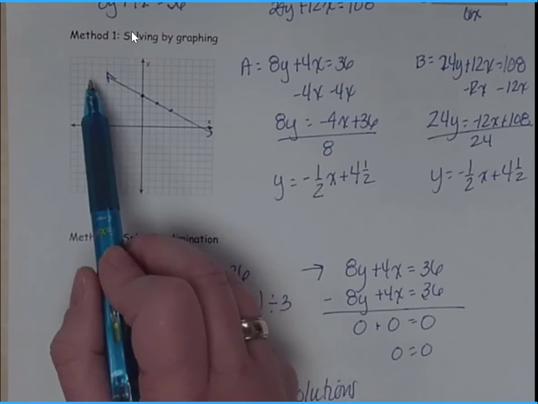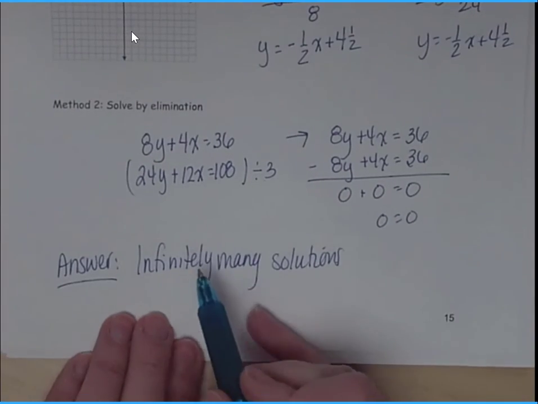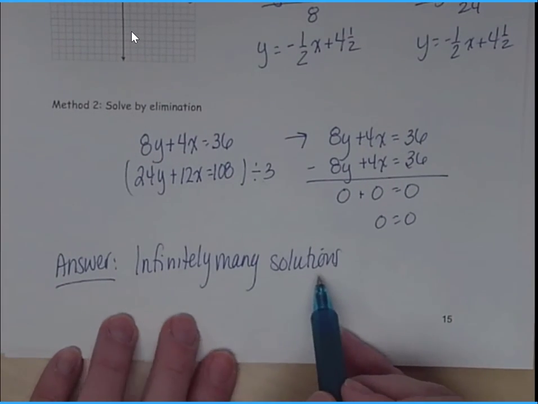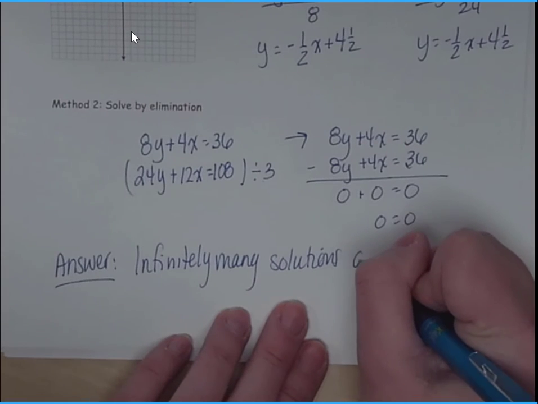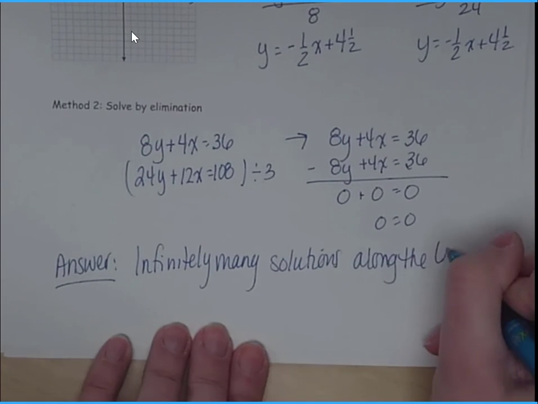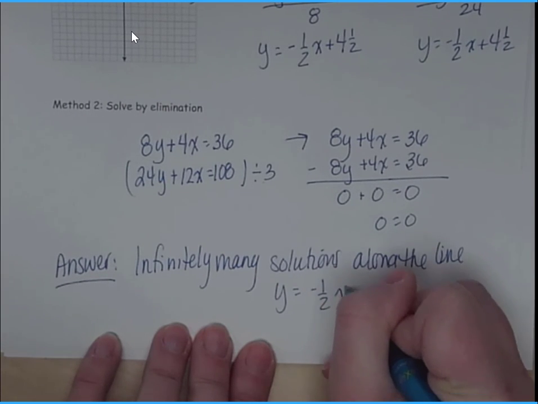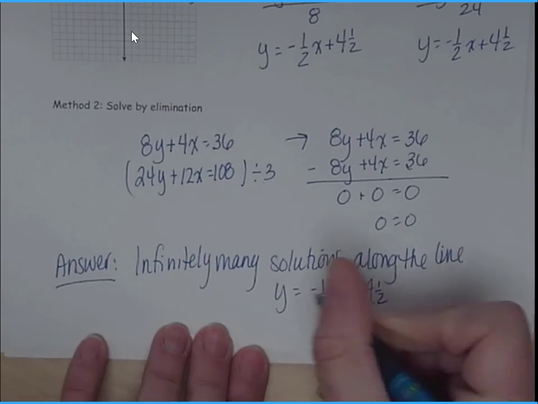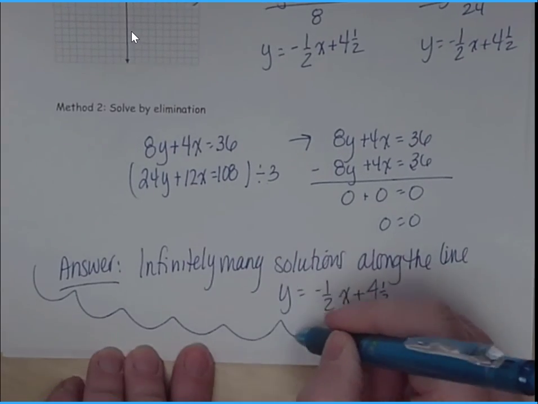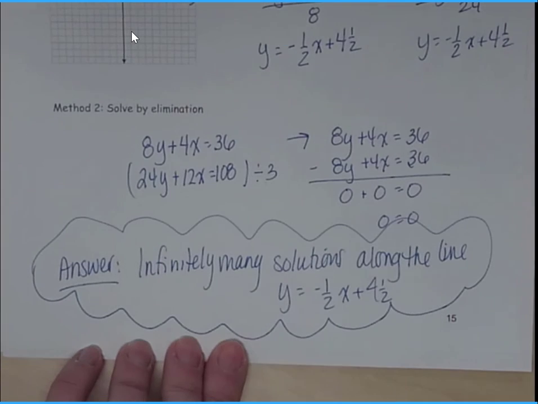Anything outside of that line will not give me a true statement. So I want to be a little bit more specific here. So infinitely many solutions along the line y equals negative 1/2 x plus 4.5. As long as it's on that line, I'm going to have a true statement.